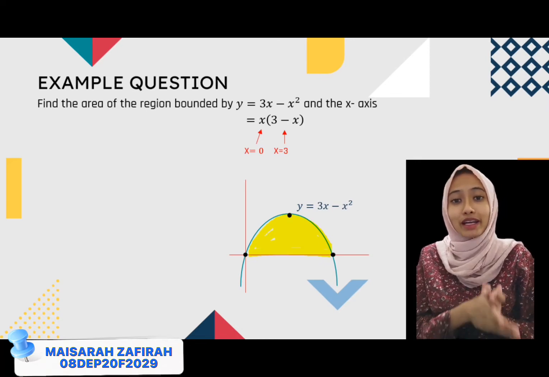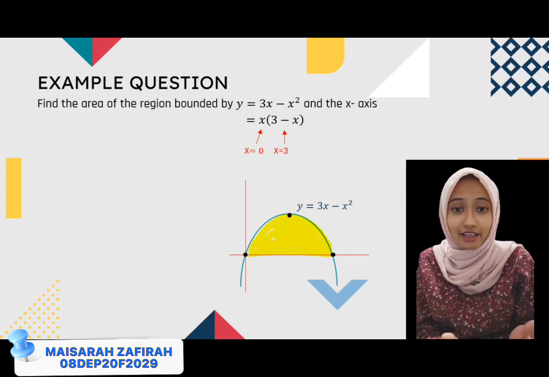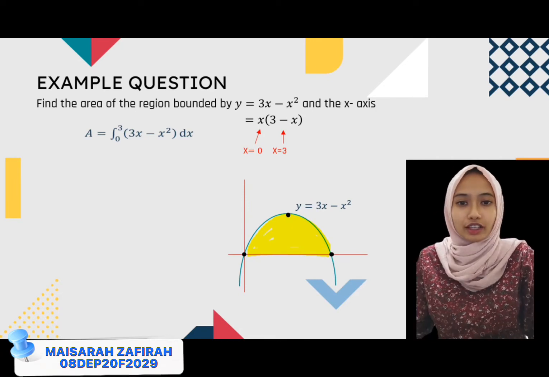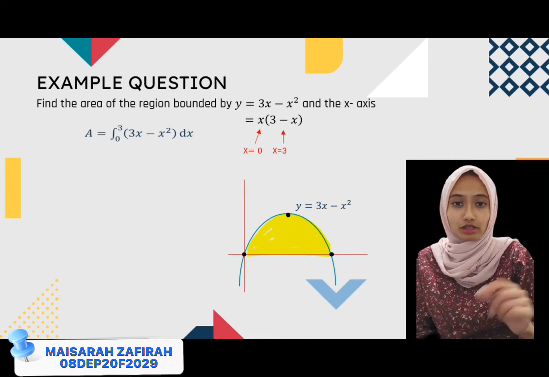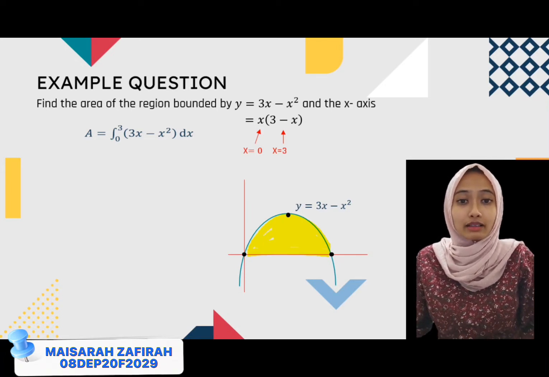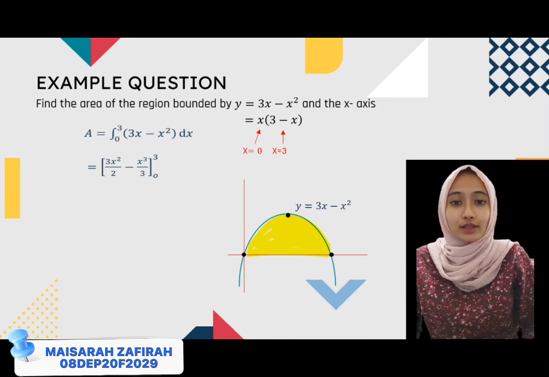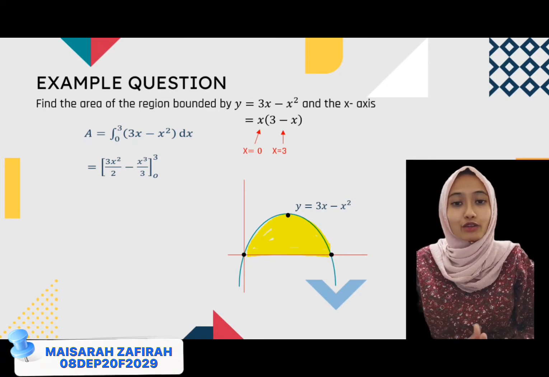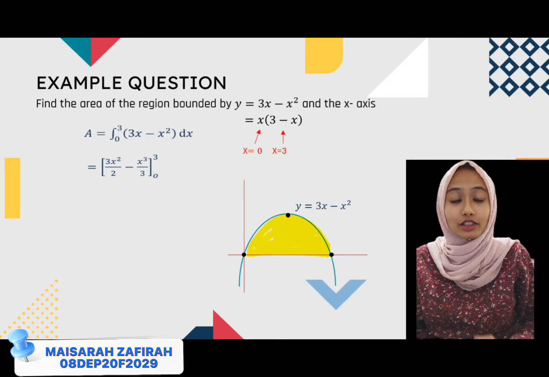Now I need to identify the integral that tells us the size of the area. Okay, so now the area represented by A equals the integral. The lower limit will be 0 and the upper limit is 3. And the thing that I'll be integrating is 3x minus x squared. So this is going to become, in brackets, 3x squared over 2 minus x cubed over 3, from 3 to 0.